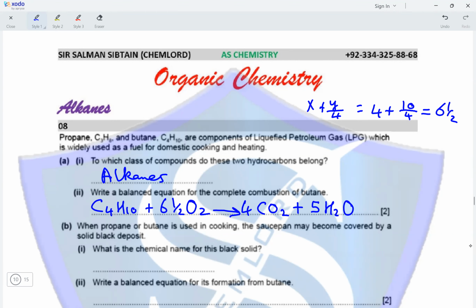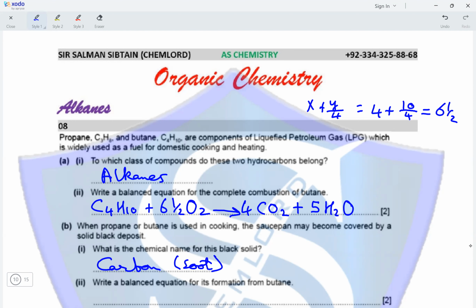When propane or butane is used in cooking, the saucepan may become covered by a solid black deposit. What is the chemical name for this black solid? So it is carbon that is being deposited onto the saucepan, also called soot, but the chemical name would be carbon. The general name is soot. Write a balanced equation for its formation from butane.